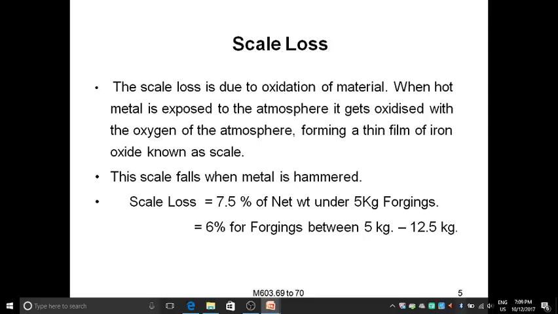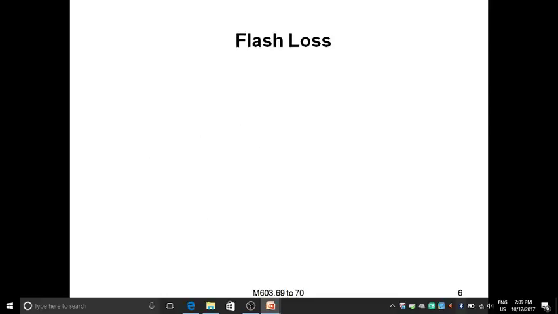So 7.5% if it is below 5 kgs, and 6% if the forging weight is 5 to 12.5 kgs. A loss above 5% is normally considerable, so in this case 7.5% and 6% are to be considered as per our syllabus.